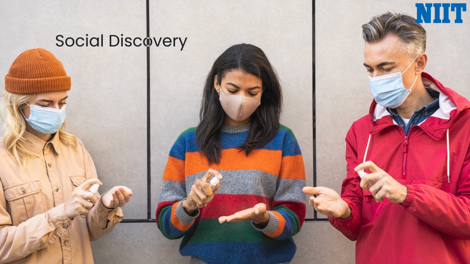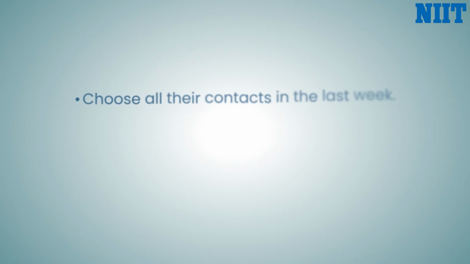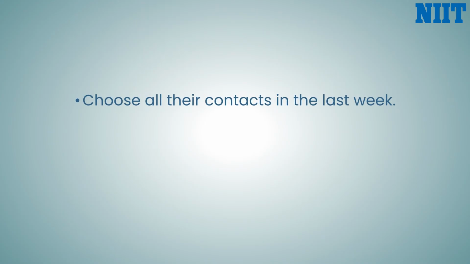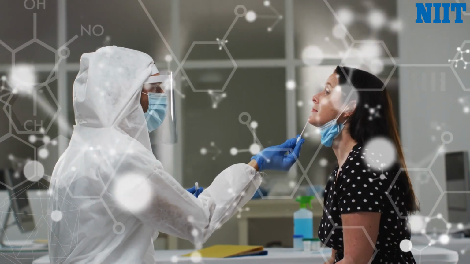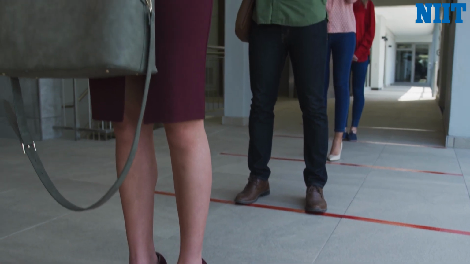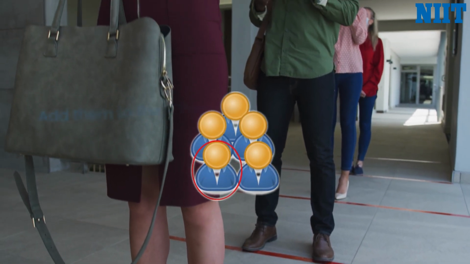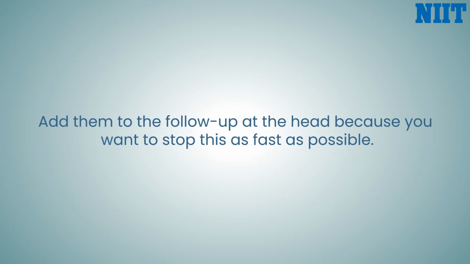Given an infected person type A, choose all their contacts in the last week, marking each contact on a heap. When you test a person and they are infected, add them to the follow-up queue, and when a person is of type B, add them to the follow-up at the head because you want to stop this as fast as possible.